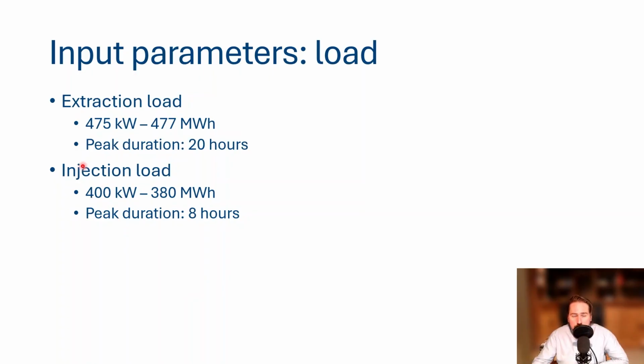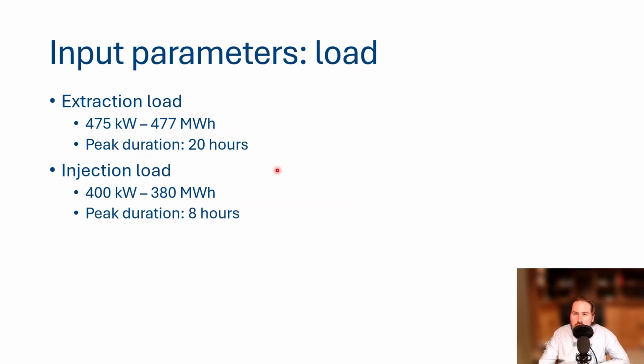And we have 475 kilowatts that directly comes out of the ground, with 477 megawatt hours per year of energy that is being extracted. And for injection, it's 400 kilowatts with 380 megawatt hours per year.